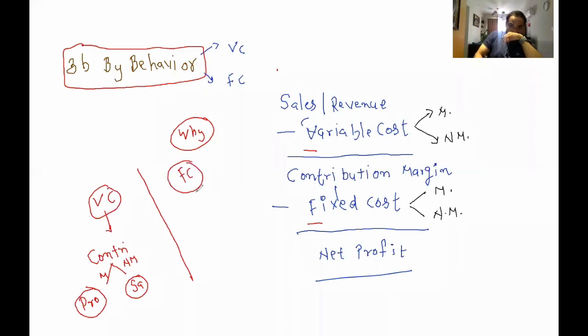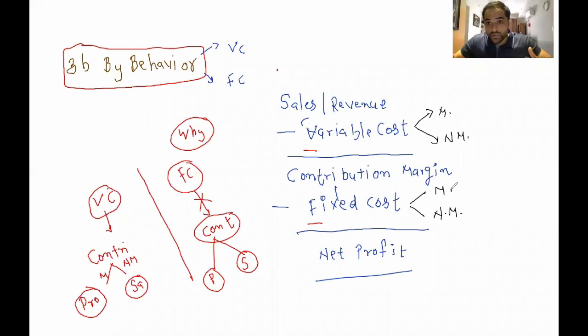Fixed cost does not contribute in production and sales. Like fixed manufacturing, supervision, they are not directly involved in production, right? So they are not involved in any direct contribution to maximize production. Of course, they are important, but they are indirectly involved.